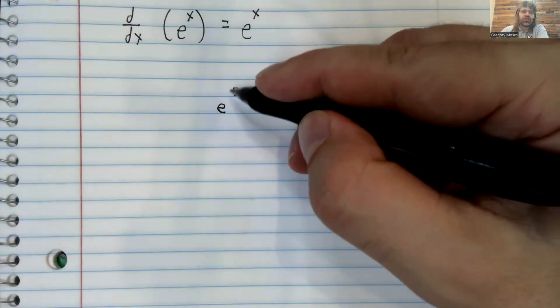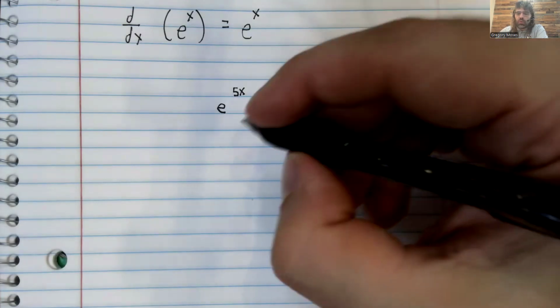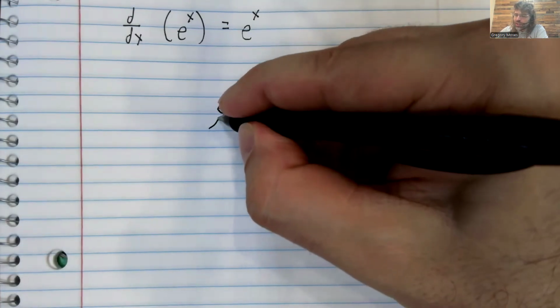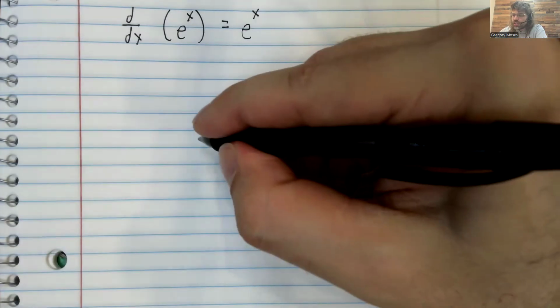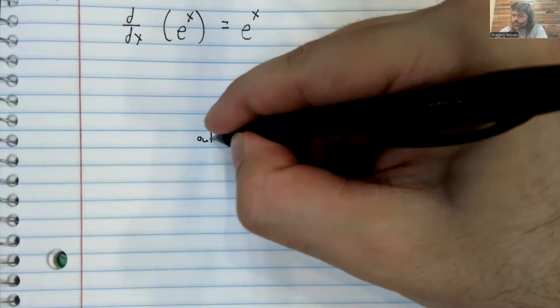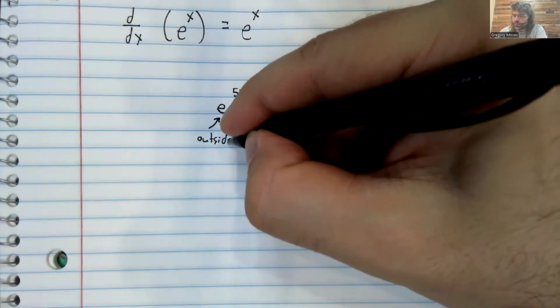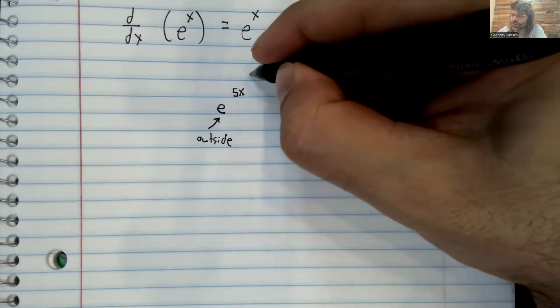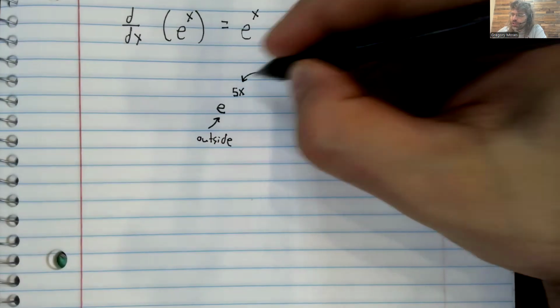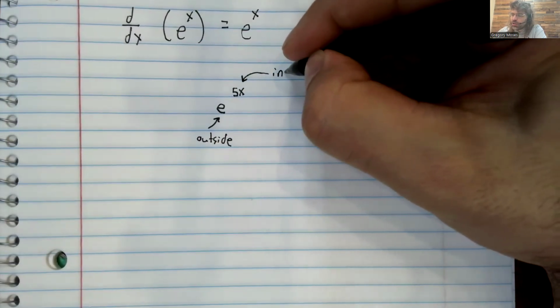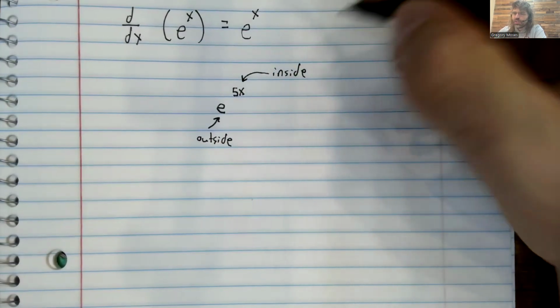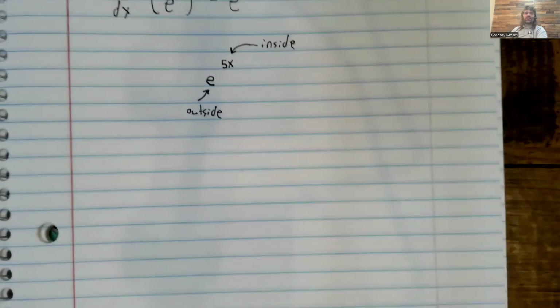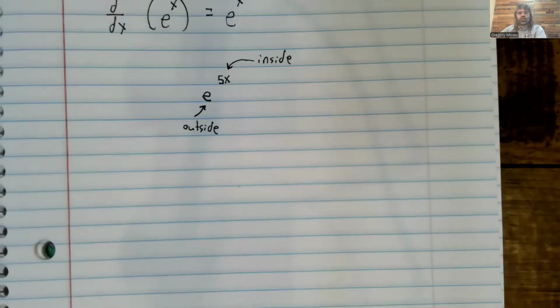But whether the function up here is simple or complicated, in terms of the chain rule, the exponential function is the outside function, and the function up here is the inside function.